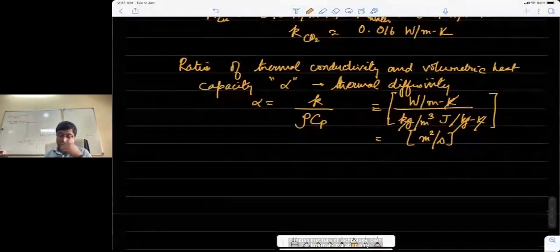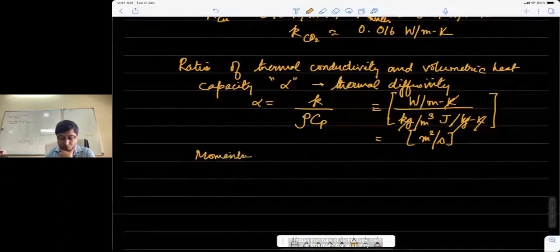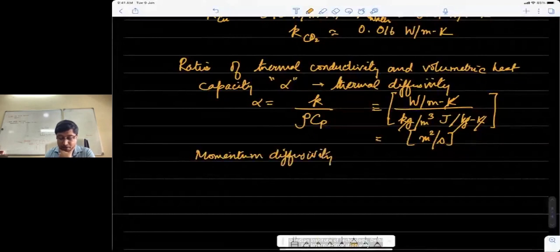And we call it diffusivity because it's very similar to the momentum diffusivity. Does anybody know what momentum diffusivity is? Having done an entire course on fluid mechanics, what is momentum diffusivity? Does anybody know? Or what do we call momentum diffusivity?